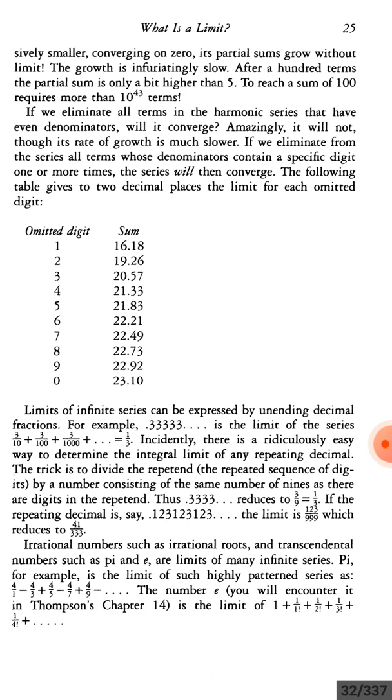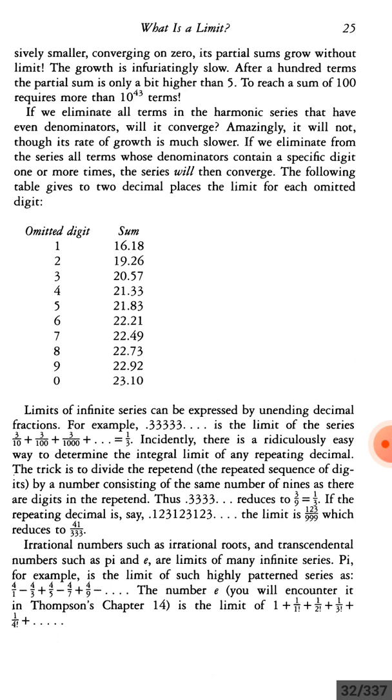The limit of an infinite series can be expressed by an unending decimal fraction. For example, 0.33333 and so on is the limit of the series 3/10 + 3/100 + 3/1000 and so on, equal to 1/3. Incidentally, there is a ridiculously easy way to determine the integral limit of any repeating decimal.